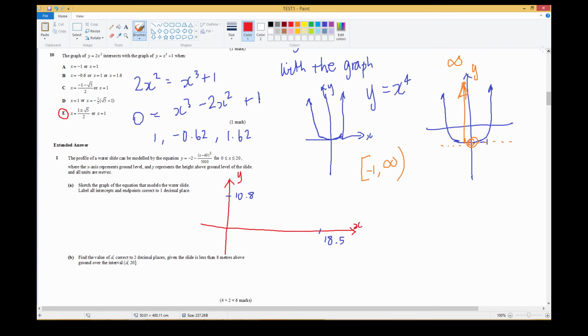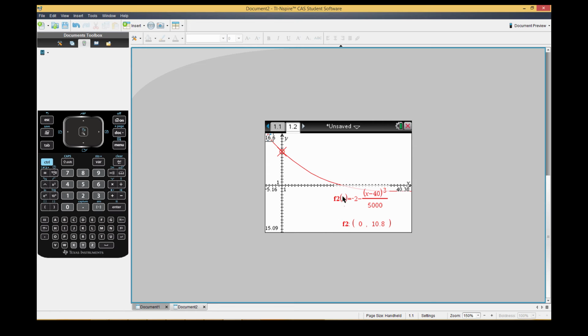Right, so I go back to the calculator, let's have a look, and I just go down across until I get to 20, 21.1.